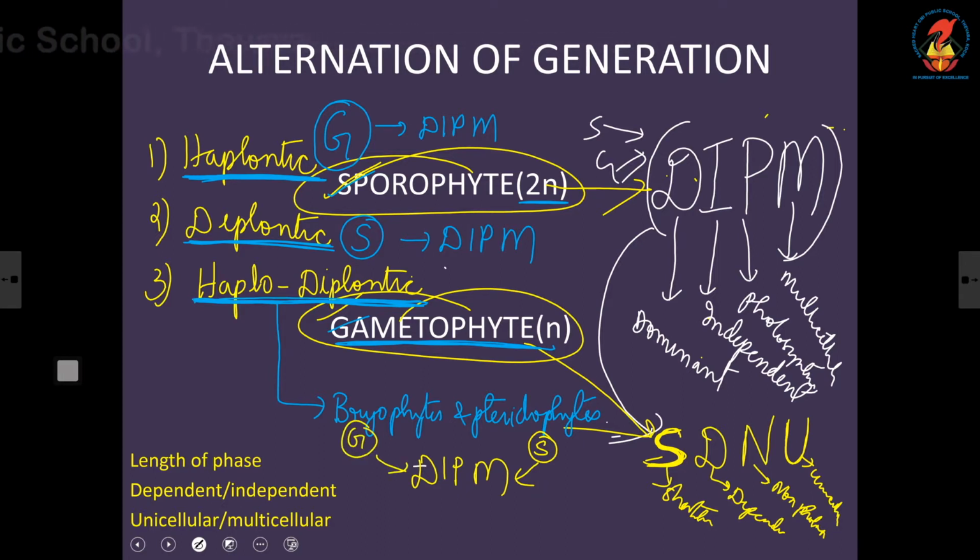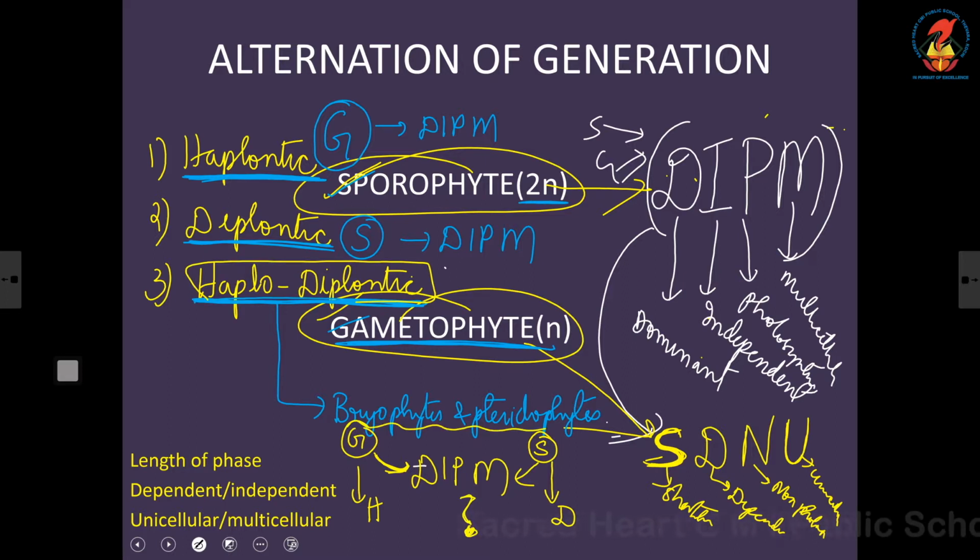But if it is gametophyte, definitely it should be haplontic; if it's sporophyte, it should be diplontic. Then why does it get the phase haplodiplontic? We can check when we deal with bryophytes and pteridophytes.